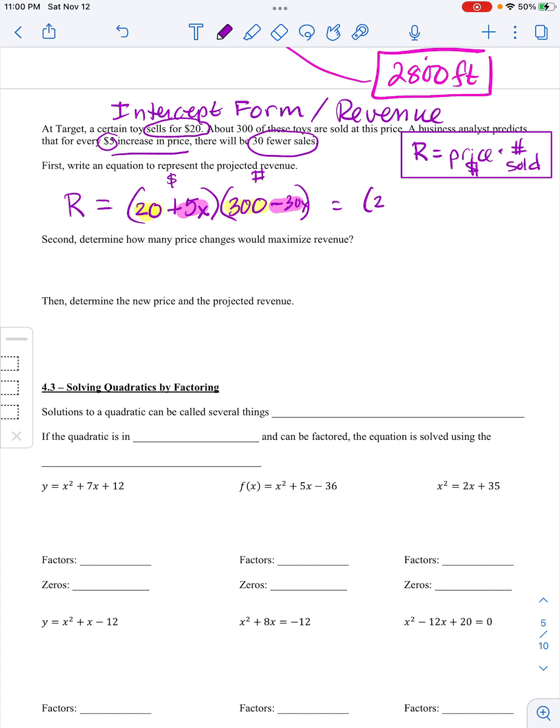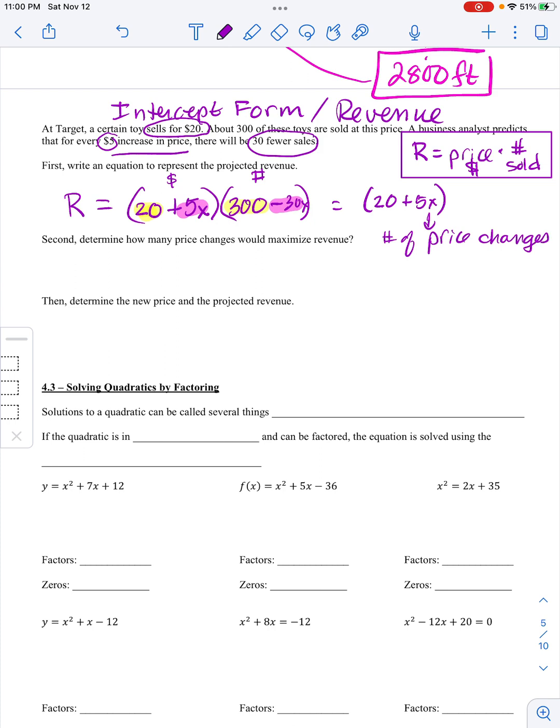You're saying you started at $20 and you're adding an increased price of 5 some unknown amount of times. My X is representing the number of price changes. I did not leave enough space there. Let's try that again. So X is going to be the number of price changes.